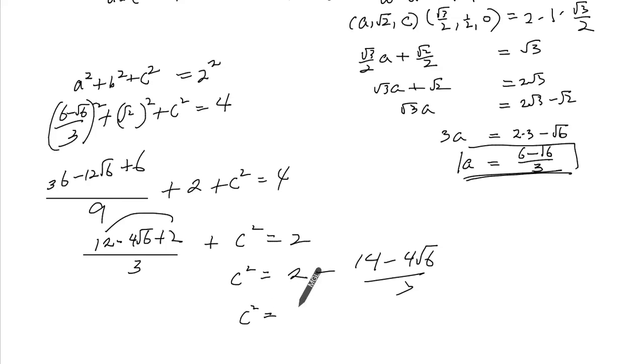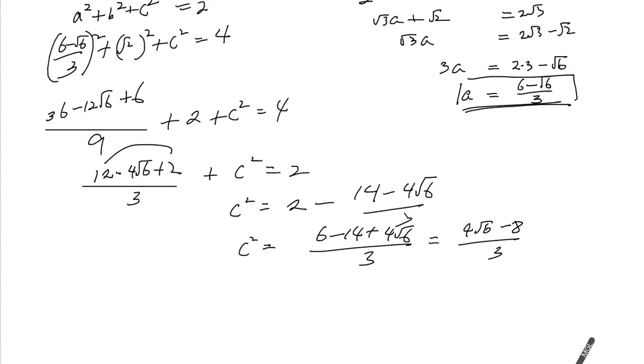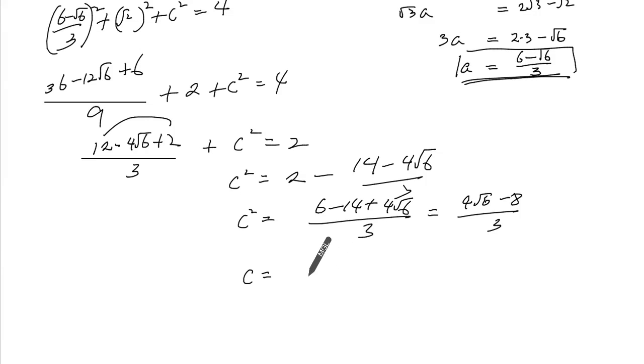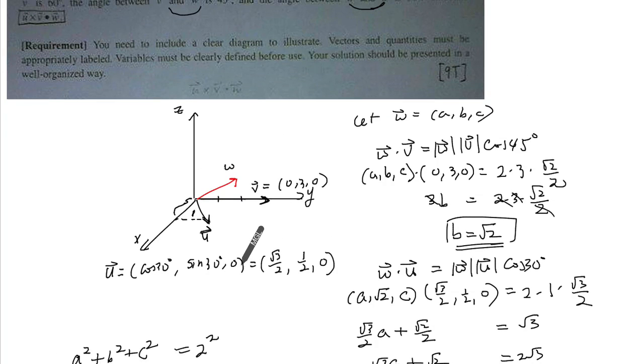So c squared is going to be 12 minus 14 plus 4 root 6 over 3. This gives you 4 root 6 minus 2 over 3. Then c can be a plus or a minus of the square root of this value here. So now we actually have the complete coordinates for w.